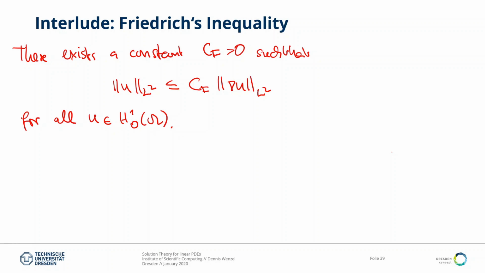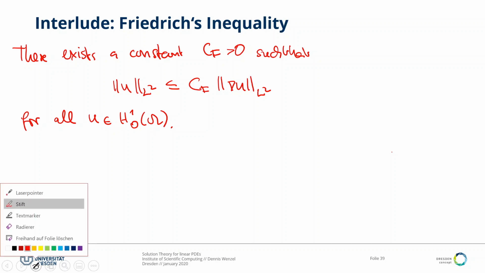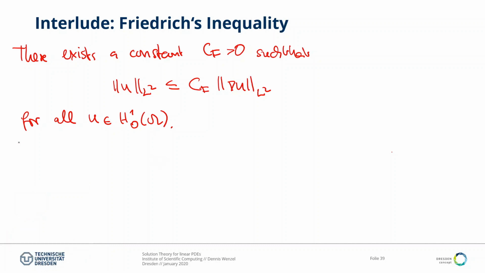Okay, what does this tell us? Well, this essentially tells us, in the case that we have just considered, where we talk about functions in H1 0, it's actually possible to bound the function from above by the gradient. But this is not intuitively clear. So let's give some remarks about this part.